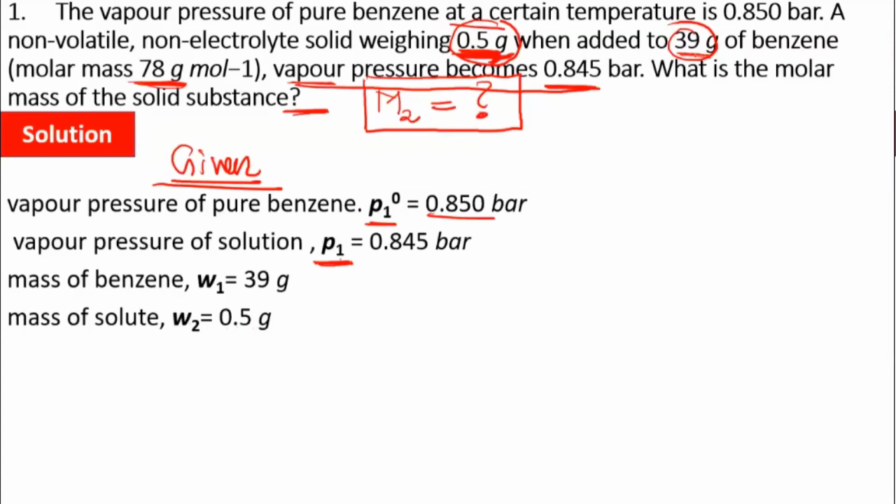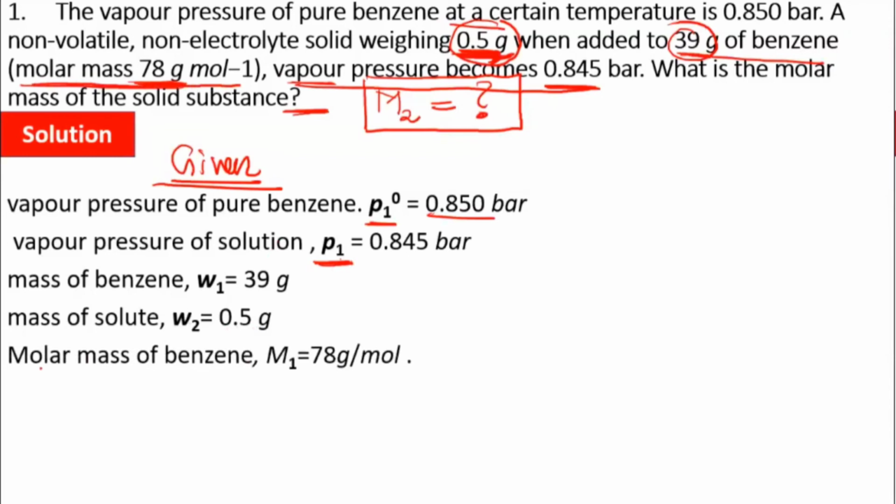Next, the molar mass of benzene, which is the solvent, is also given. That is 78 gram per mole. So I can write molar mass of the benzene, M1, is 78 gram per mole. All the things are given to you, the only thing remaining is to calculate the molar mass of the solid substance.